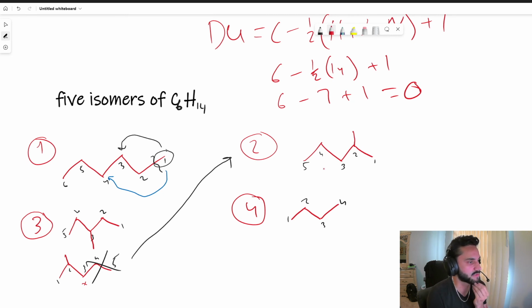If I'm working with 6 carbons, so far I have 4. Let's say I have 1 carbon here and another carbon here. Does this look similar to any of these compounds, like 1, 2, or 3? No, it doesn't, because this is a totally different compound. This is another constitutional isomer, which works well here.